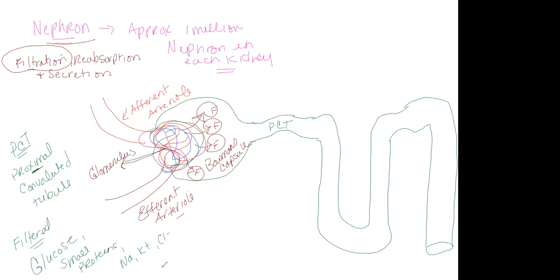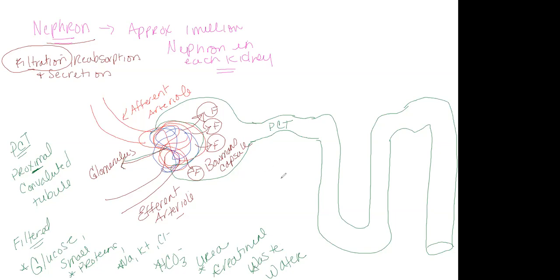We have bicarbonate filtered, urea, creatinine, and other waste such as toxins and things like that. We also see water. So all these substances are filtered out right there at the glomerulus. And these are just a few.